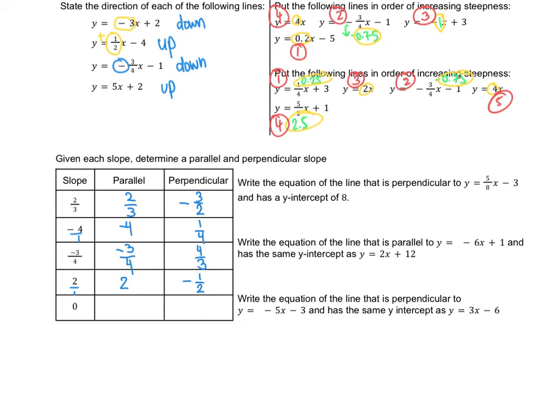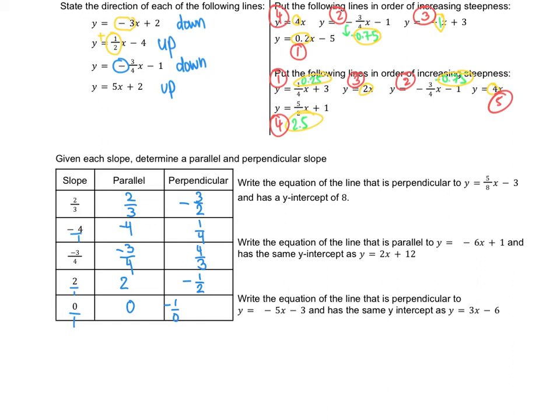And finally, a slope of 0. For the parallel, it's going to be the exact same. For the perpendicular, when I put the 0/1 and I do my regular opposite reciprocal, the reciprocal is 1/0, and then I could put a negative. But here's the thing. If you try to take any number and divide it by 0, you're going to get an error.